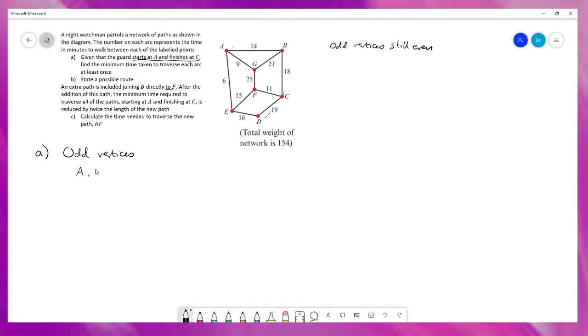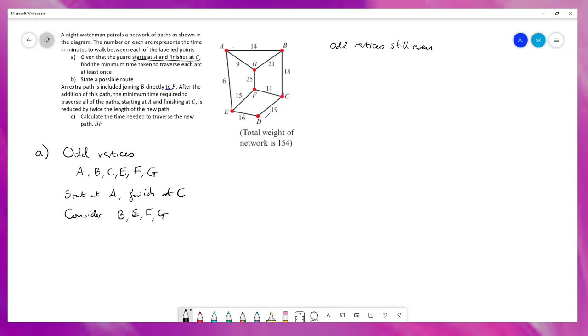So we've got A, B, C, not D, E, F, and G. So we're told we start at A and finish at C. So we only need to consider B, E, F, and G. This is really important because we've eliminated 2 of the 6 odd vertices and we've got it down to just 4.